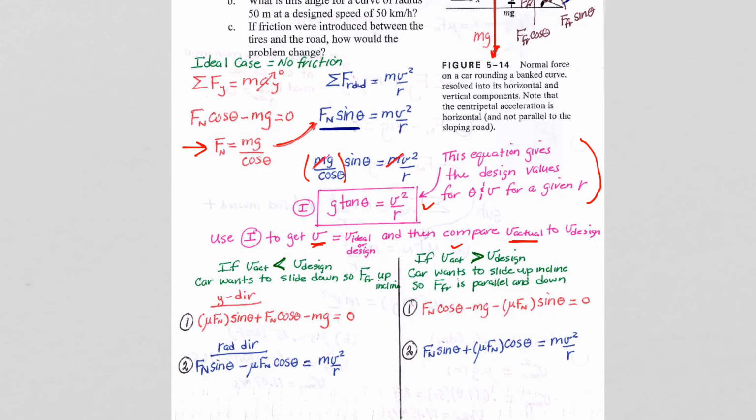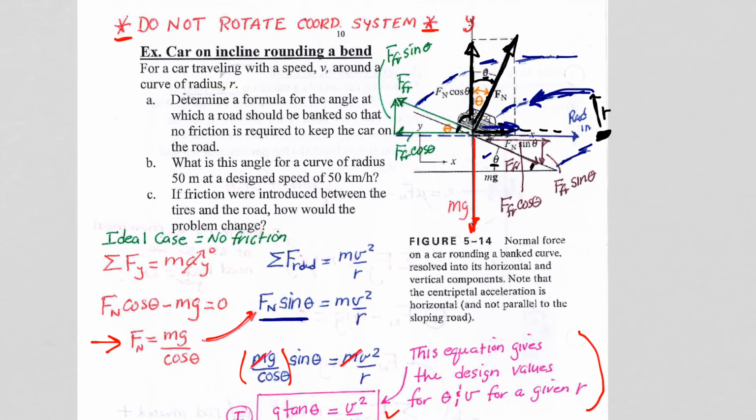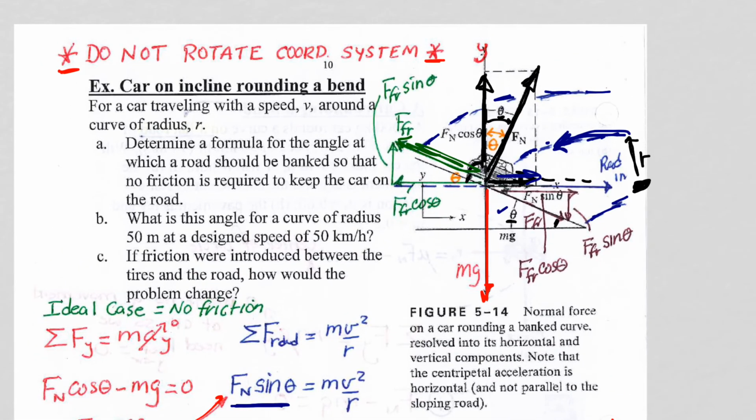If the car is going too slowly, it's going to want to slide down the incline. So that means friction is going to act up the incline to try to keep the car from sliding down the incline. And I hope you can see the geometry here. Let me erase some of this since we've kind of muddied up this picture a little bit.